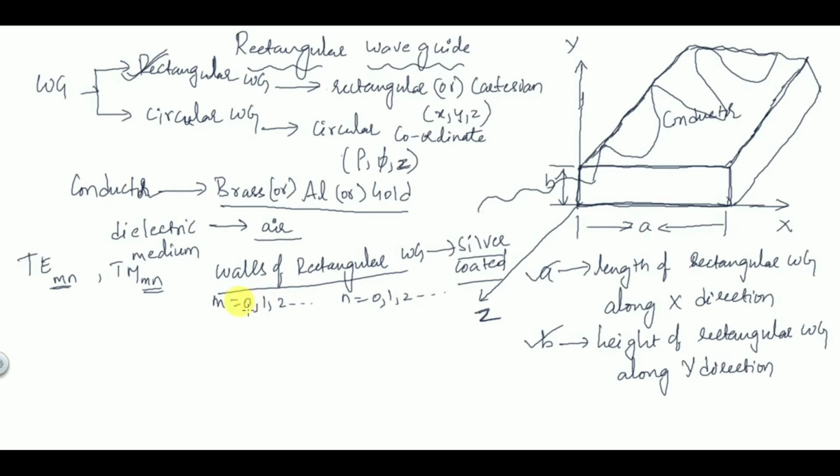They represent the half wave variations along X and Y directions, of the electric field in TE-MN mode and magnetic field in the case of TM-MN mode. There is no TEM mode possible in the case of rectangular waveguide.